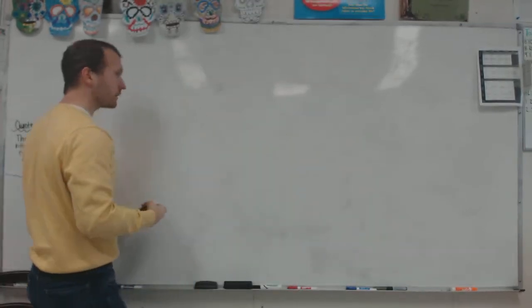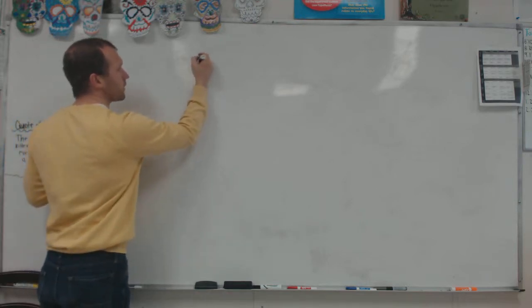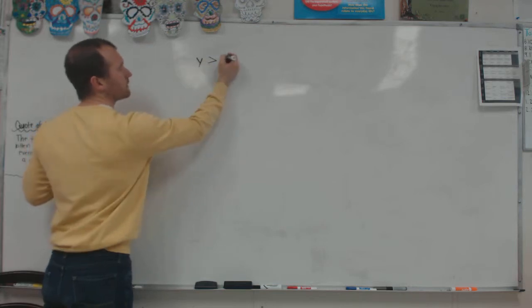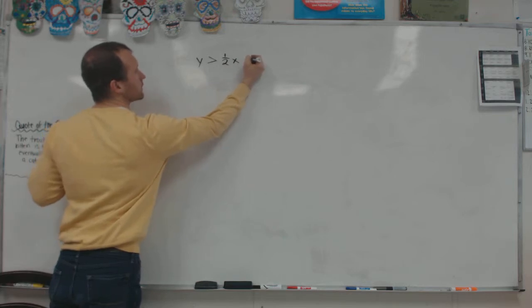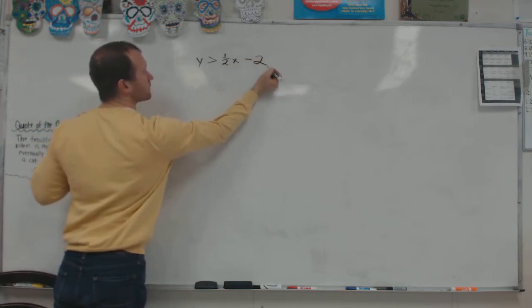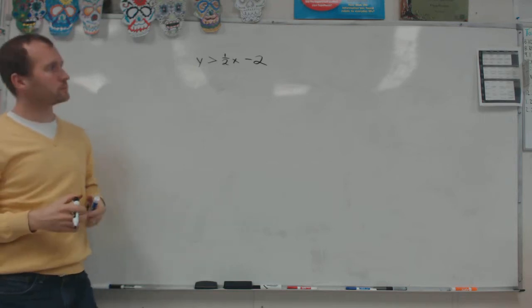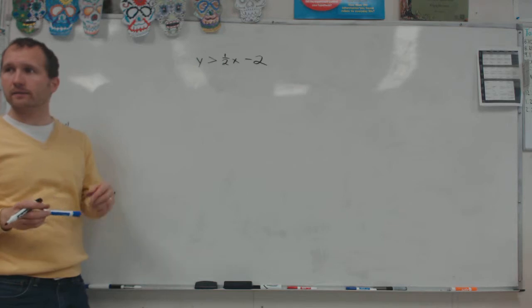So if we're graphing inequalities, we're going to have something like this. Y is greater than 1/2 x minus 2. Let's try that. We're going to start out the same exact way.